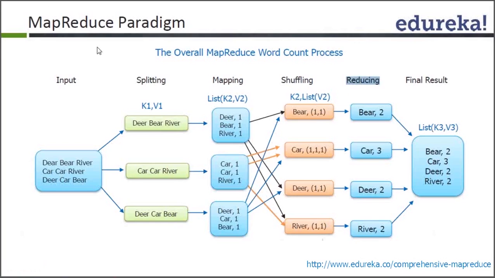This is the whole thing. Shuffling is controlled by the application master, and all the values are taken from the individual nodes and given to a reducer.